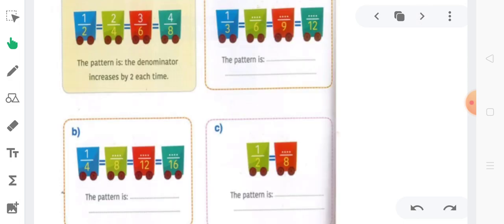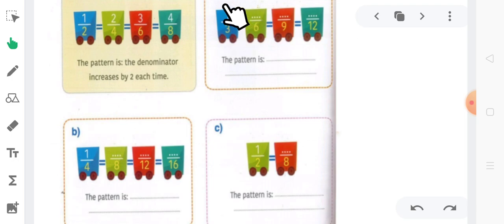Let's see the next. Here we have, I'm gonna discover the pattern. What happened? Look here. This is the first fraction, 1/3. So it increases 1 in the numerator part and 3 in the denominator part. Why?